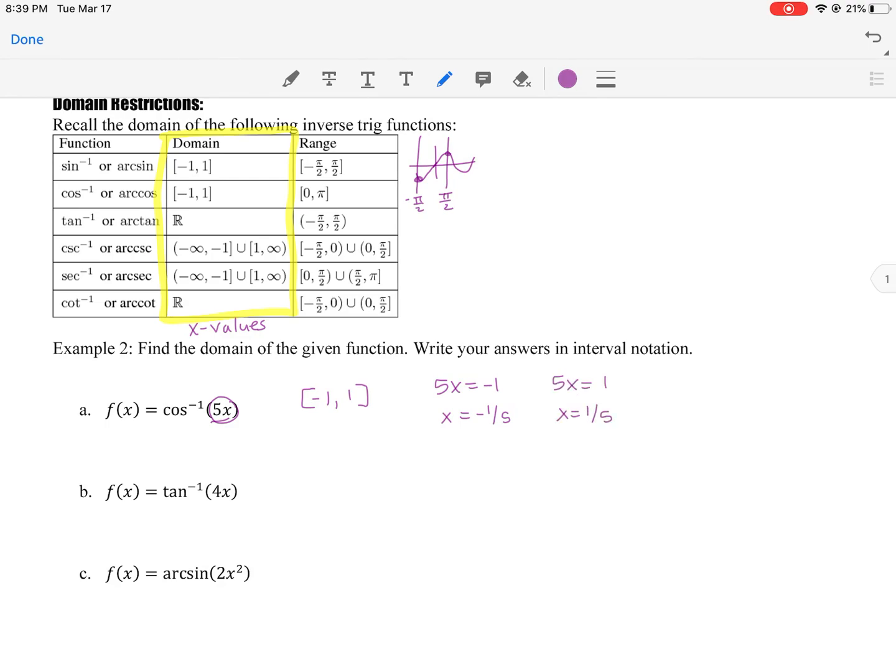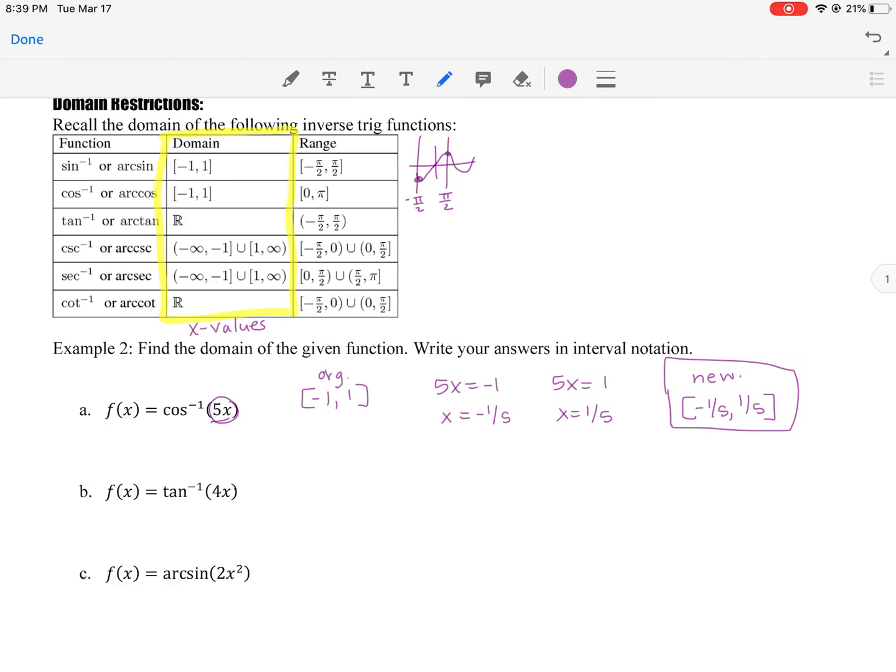So x equals positive a fifth. So our new domain, this is our original one, our new domain is going to be from negative a fifth to positive a fifth. And as you think about that, it makes sense because if we're doing 5 times those values, we'll end up back at our original domain.